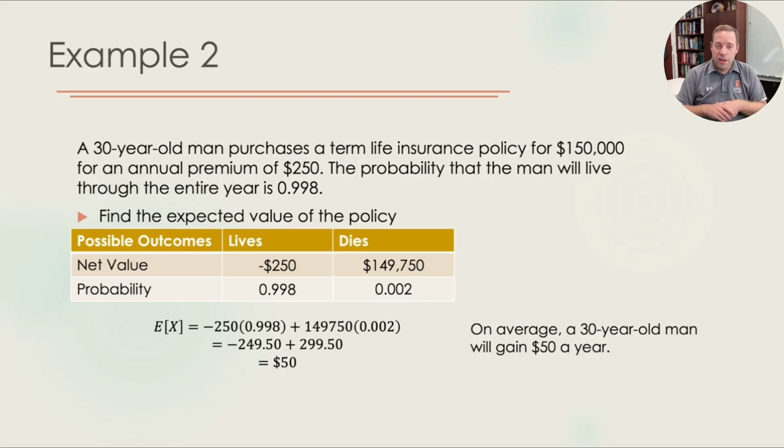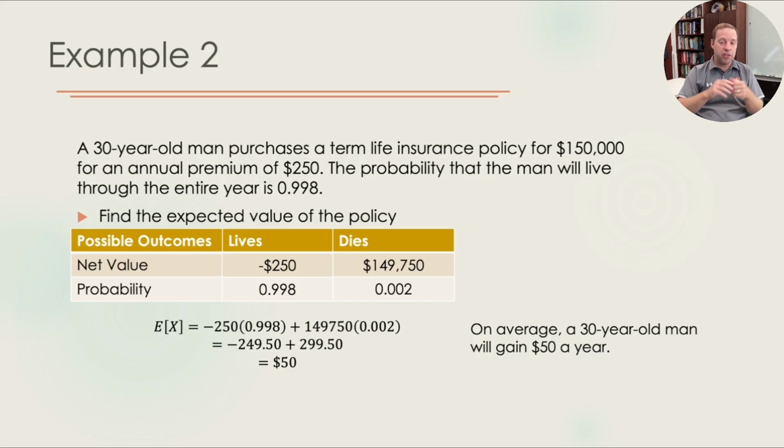Well, remember that the premium depends on the probability of living. So if the probability of living drops, the premium increases, which means that as someone's health starts to fail, as someone gets older, the probability of living through the year drops, their premiums shoot through the roof. At this point, the insurance company will be getting more money than what they pay out.